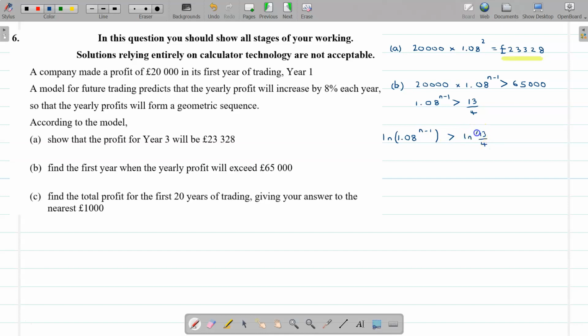Now I can use the power rule of logs and put the n minus 1 in the front. So n minus 1 times the natural log of 1.08 is greater than the natural log of 13 quarters.